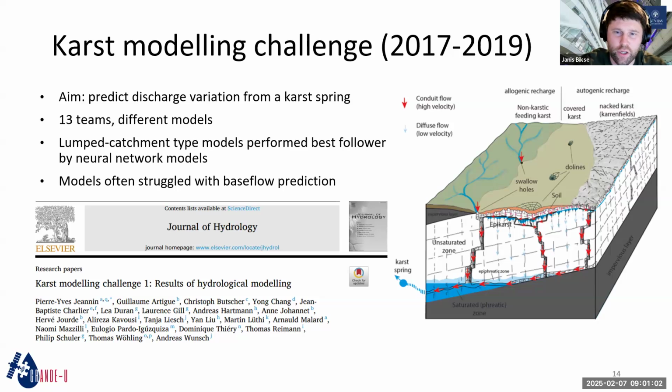The idea was that every team had the same task, the same data, but they didn't see the right answer for the prediction part. So it was quite an interesting paper that combined a lot of teams.